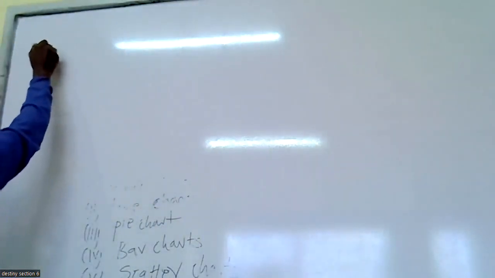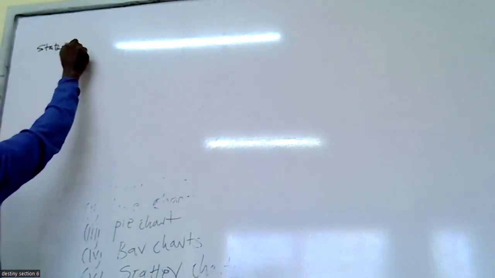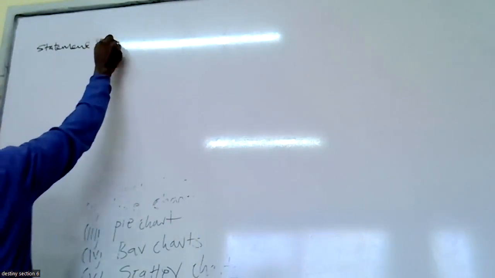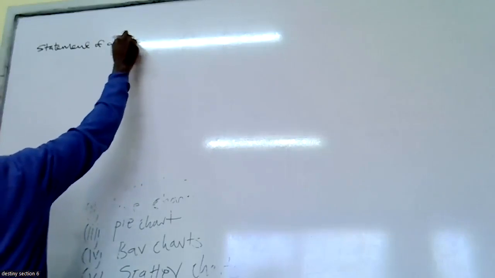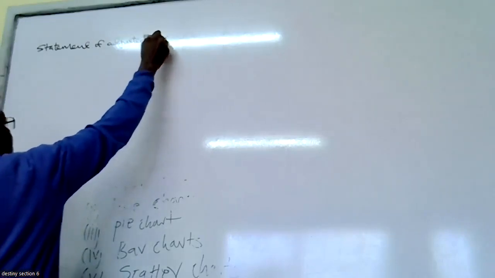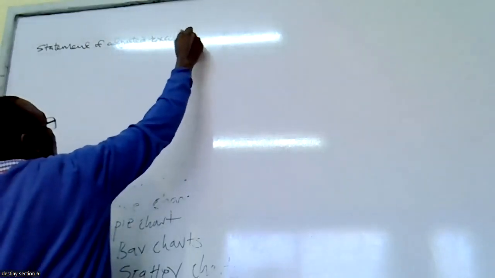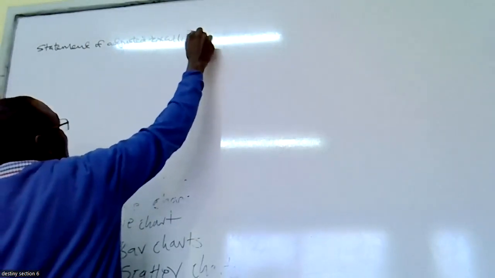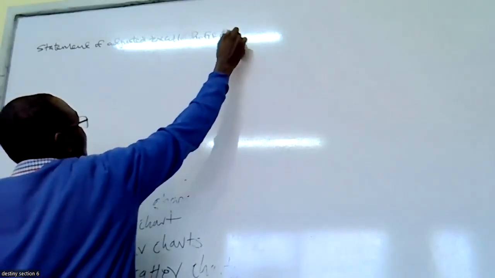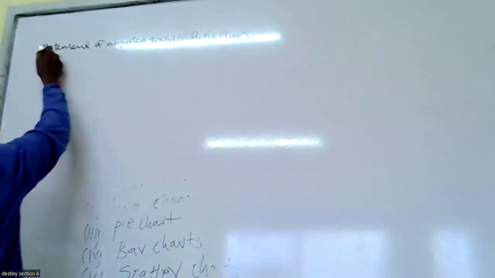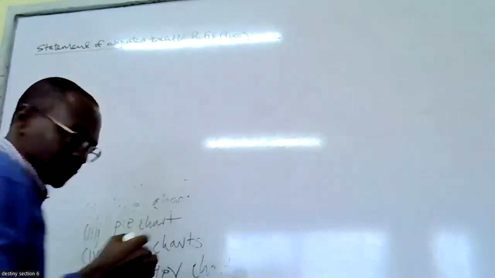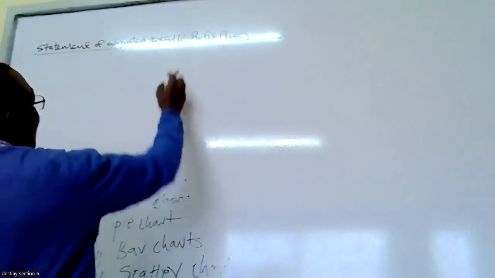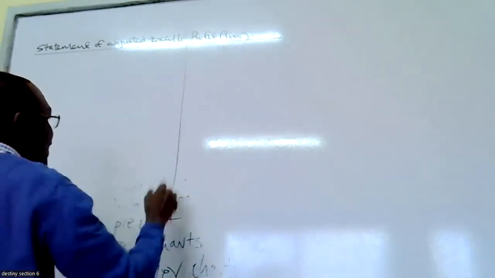So statement of adjustment, tax and profit or loss. So this is the format we looked at.